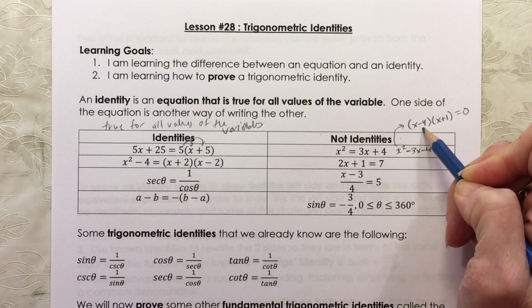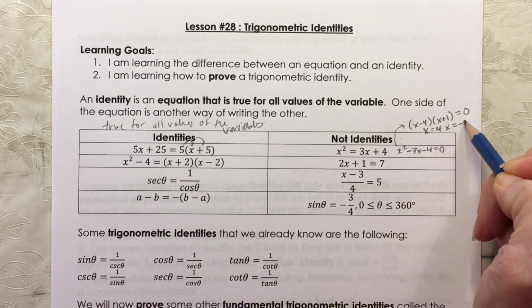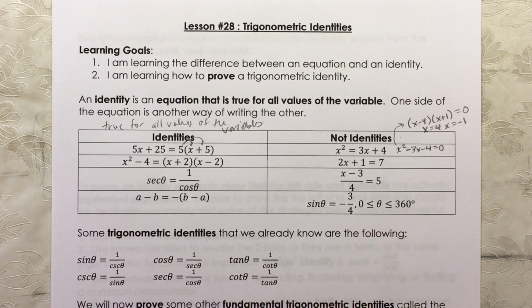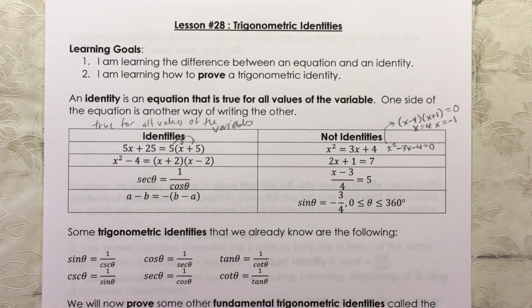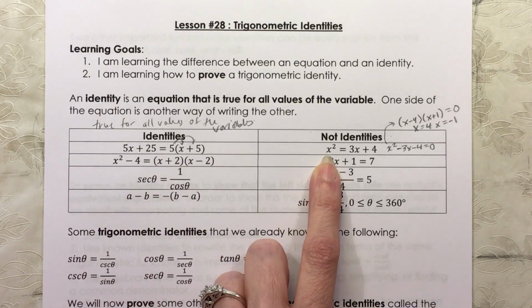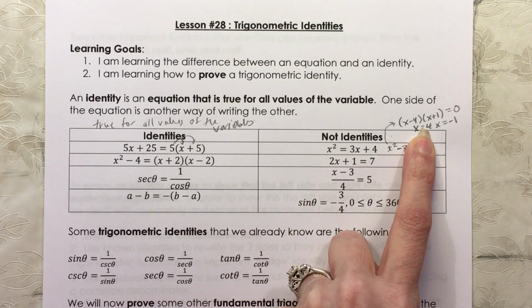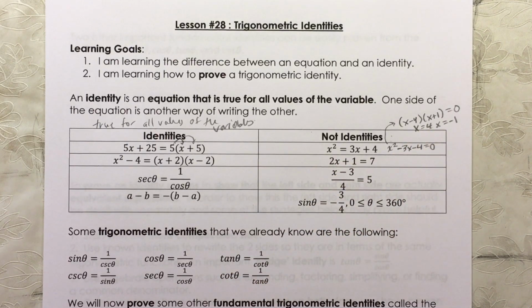Which would mean this one's only true if either x is 4 or negative 1. Okay, so this is true no matter what value of x you choose. X can be any number and it's always true. This one is only true: x squared only equals 3x plus 4 if x is either 4 or negative 1.